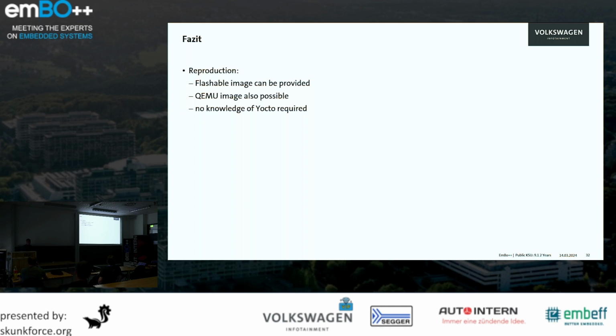If you've done it once, you give out a flashable or a QEMU image, and the next person doesn't need to know Yocto. You can also extend it by simply adding more scripts, more recipes to the target, and rebuilding it, and it stays basically the same with some additional features.